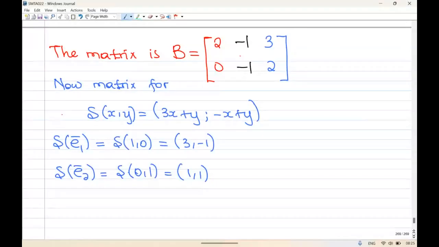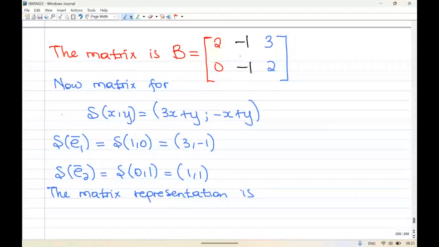Then now the matrix representation for this one will be what? We can name this one to be what?